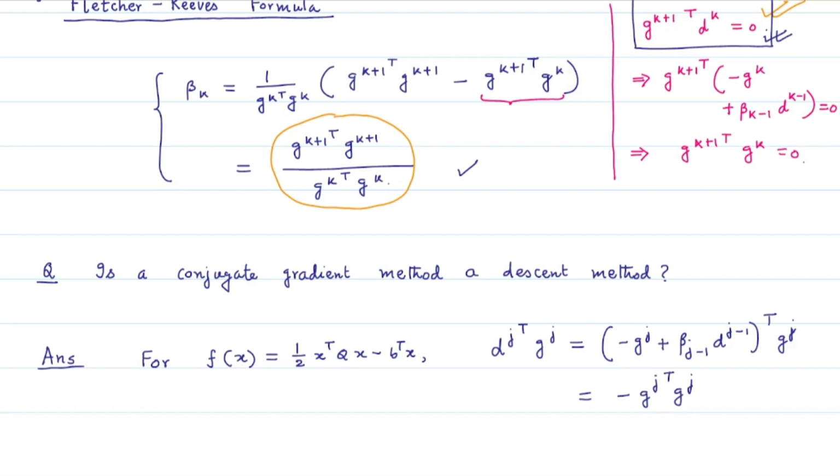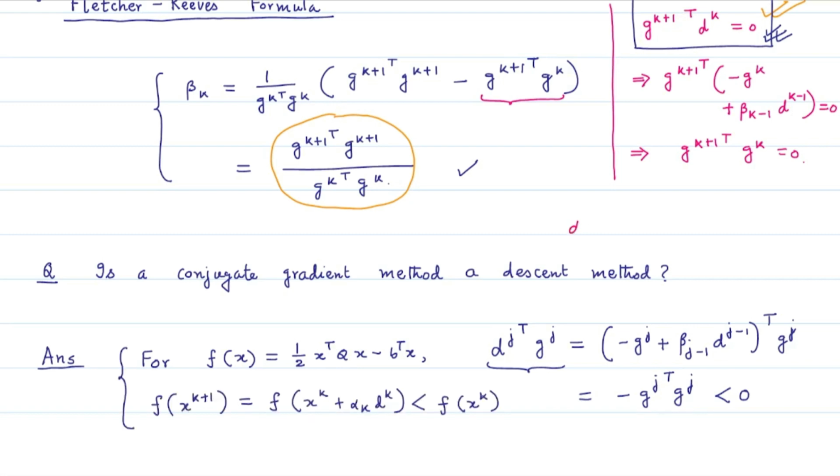Because of this result, g_j times d_{j-1} is equal to 0, and hence the direction d_j is such that, once we take the inner product with the gradient vector at x_j, we get a negative quantity. Certainly the direction of movement d_j at the current iterate x_j is a descent direction. So the conjugate gradient method is a descent method for a quadratic function with positive definite Hessian.